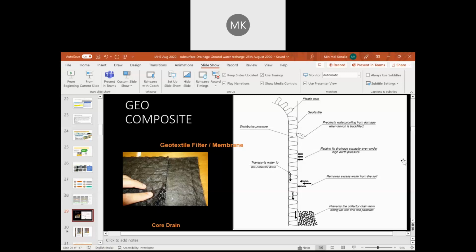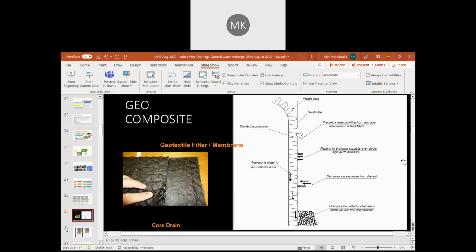I told you that aggregate drains can be replaced by geosynthetic drains, and that the most appropriate product for that is a geocomposite, which is a combination of geonet sandwiched between two geotextiles. Let us see one by one the different family members of the geosynthetic family.